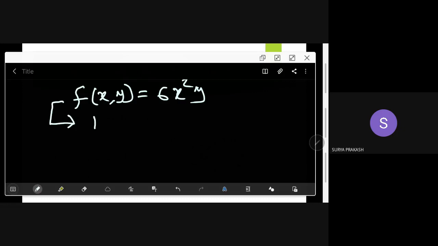See here, our integrand is the same thing. We will keep the same integrand, but my region I'm saying, see how it is. This is our integrand, 6x squared y.